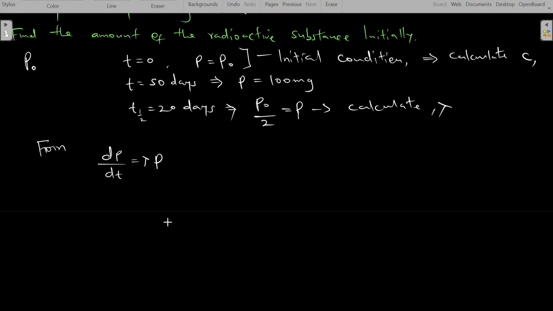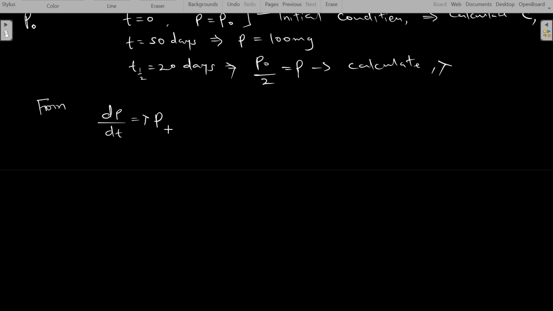So it should equal lambda P, not lambda t. Sorry for that. Once we have this, let's separate our variables and solve this differential equation.